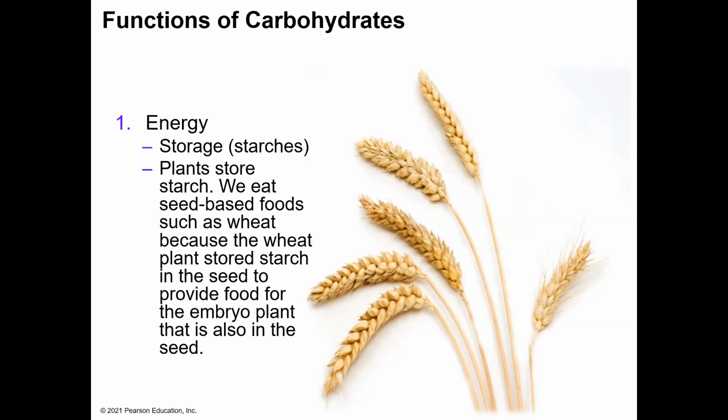And so humans, we eat those plants. So plants will store a lot of energy in their seeds. This is wheat in the image. And we love wheat as humans. We will harvest wheat and create our breads, for example. And plants store a lot of energy in the form of starch.